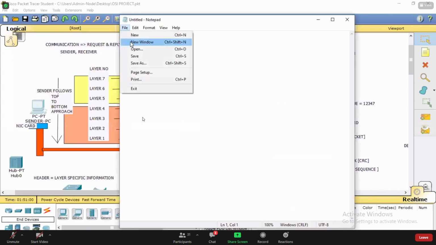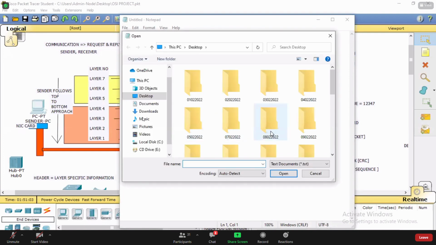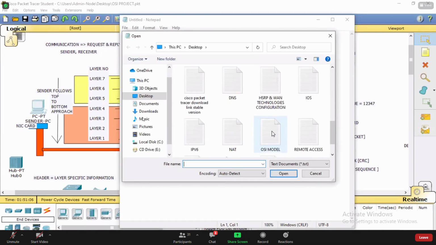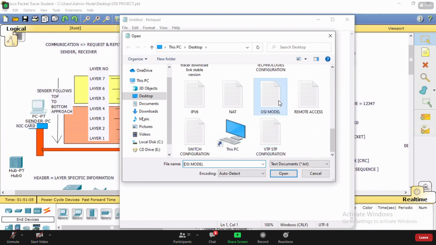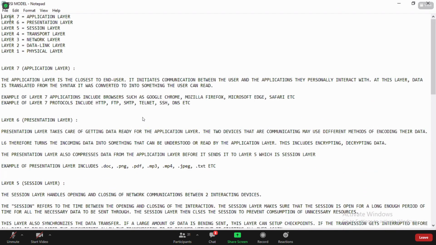We also have the port numbers. OSI, what is the OSI model? There is the picture. So take the screenshot. These are the functions of these layers.